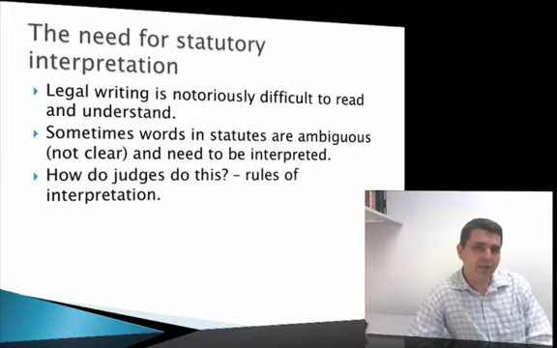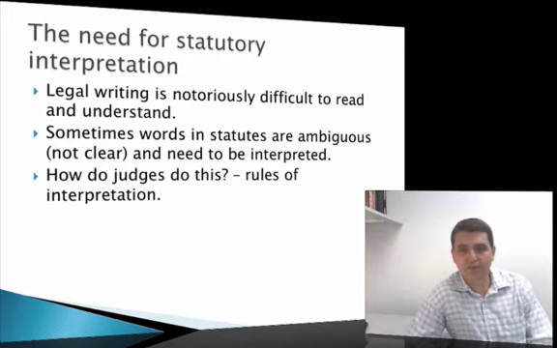And to begin, we need to understand why we need it. It's quite simple. Sometimes the way the law is written, it's not clear what was actually intended, or we find that the situation that the court finds before it doesn't exactly fit the statute as it was written. This leads to judges having to think about how they're going to apply the statute to the situation.